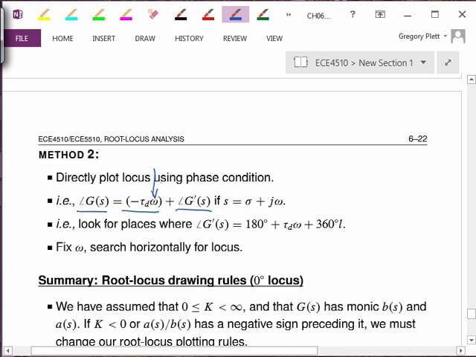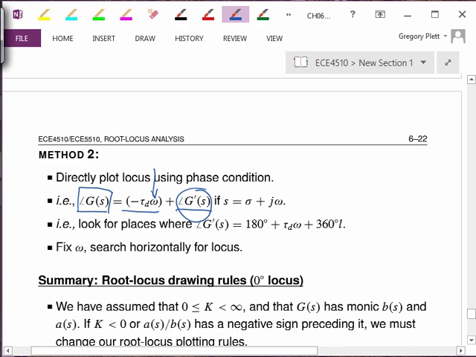So one approach would be to plot the root locus for the thing that we know how to plot, and then fix some value of omega for that s, and search horizontally nearby that locus for where this locus condition is satisfied.